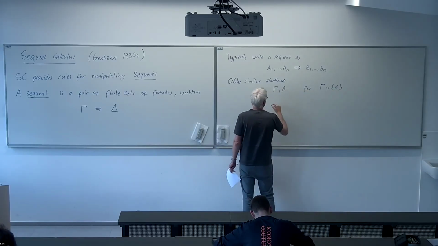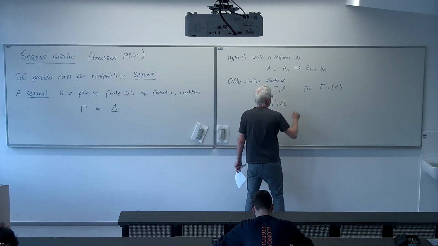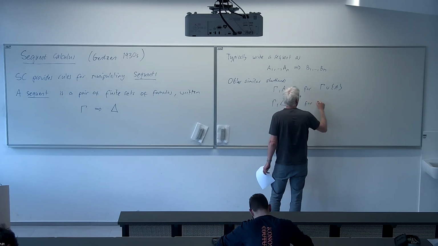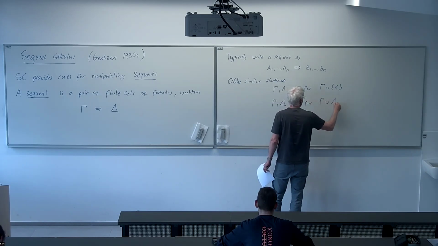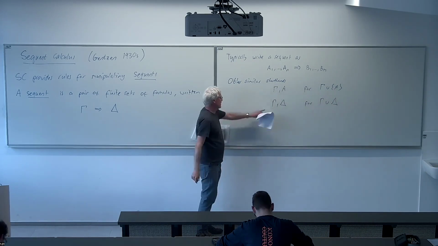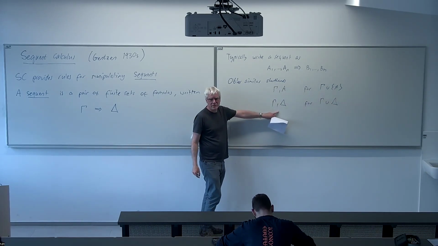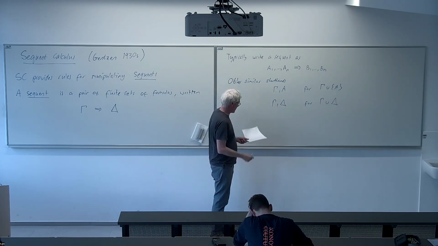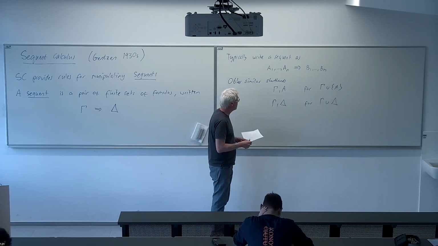And if gamma and delta are finite sets, you write gamma comma delta for gamma union delta. It's just nice to have this common notation because you don't have to write set brackets, and it makes things look nice and tidy.